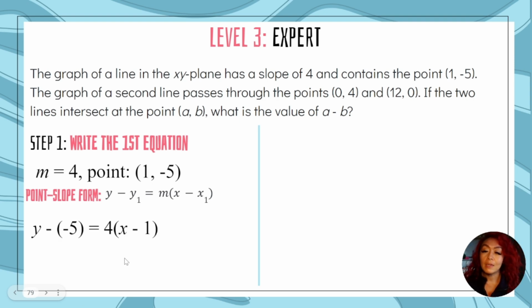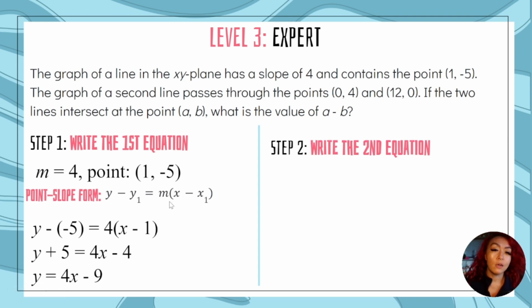So we get y minus negative 5 equals 4 times the difference of x and 1. We can clean this up because y minus negative 5 is just y plus 5, and then we'll use the distributive property on the other side and get 4x minus 4. Now let's solve this equation for y so we can put it into slope-intercept form. We subtract 5 on both sides, and we get y equals 4x minus 9.